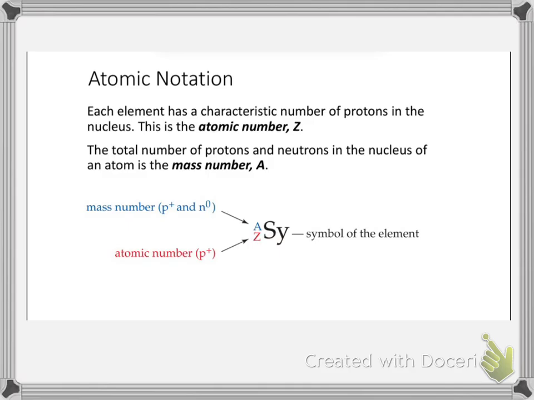All right, so atomic notation is one way that we can write the symbol for an element that gives us a little more information than just the symbol of an element. So when I say the symbol of an element, it would be like using the letter C for carbon or the letters Mg for magnesium.